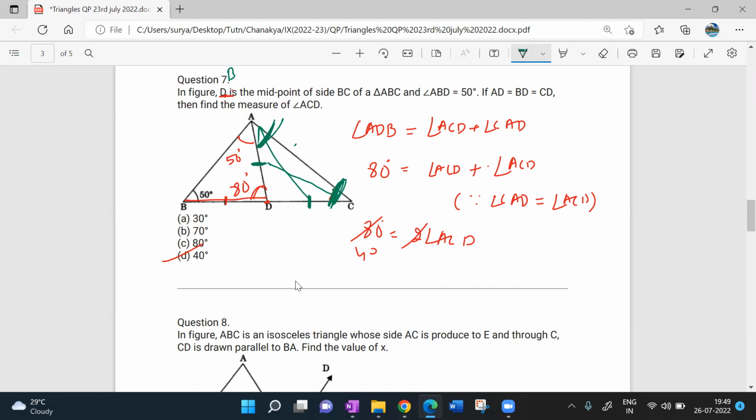Both will be equal. So ACD will be equal to CAD. Angles opposite to equal sides are always equal. Okay, Shreyasi ji, this is a theorem. Is it clear?